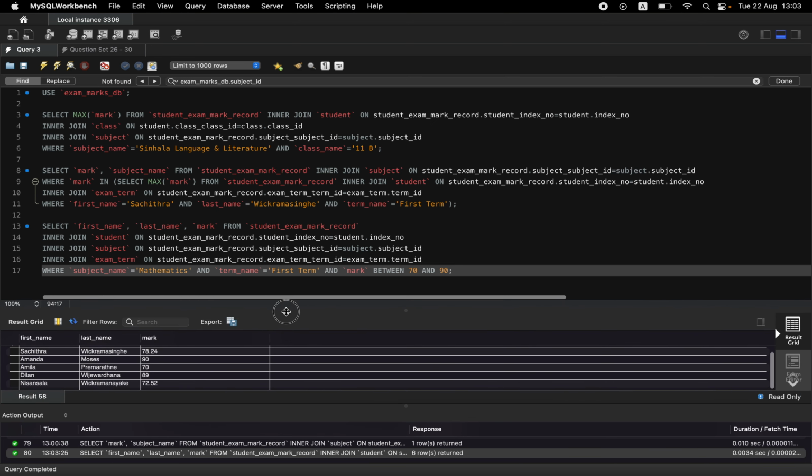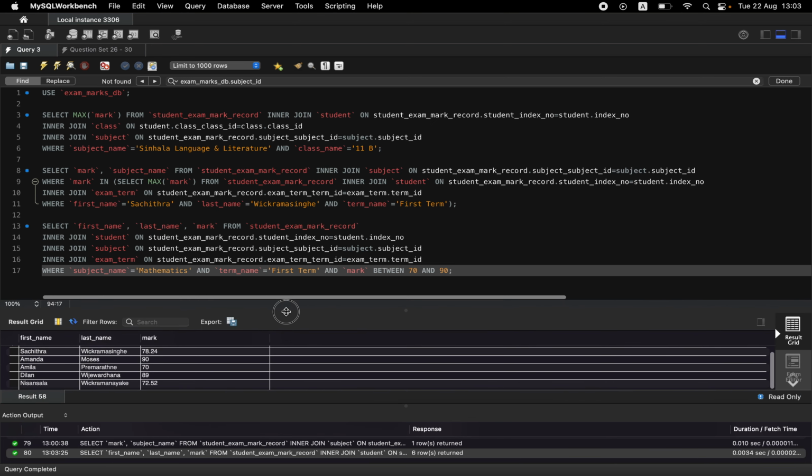So the fourth question is, find the subject and mark with the highest mark obtained in mathematics and science subjects in Amanda Moses first term examination. In here we don't need to find the highest mark, instead we have to only find the marks.